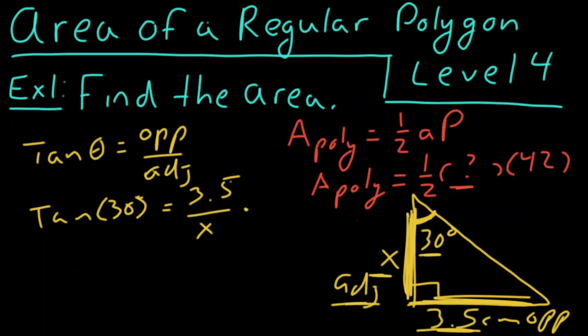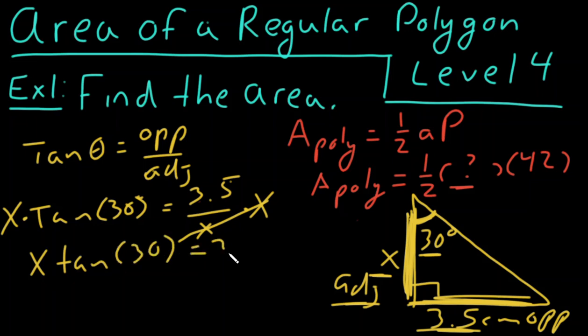So here I'm going to multiply this right side times x, and these two things will cancel out. And remember, whatever I do to the right, I have to do to the left. And so now we have x tangent of 30 degrees is equal to 3.5.